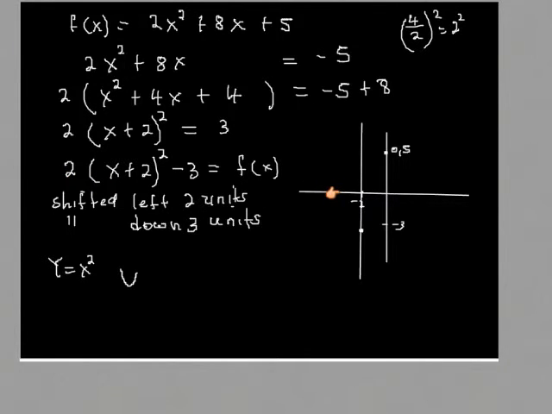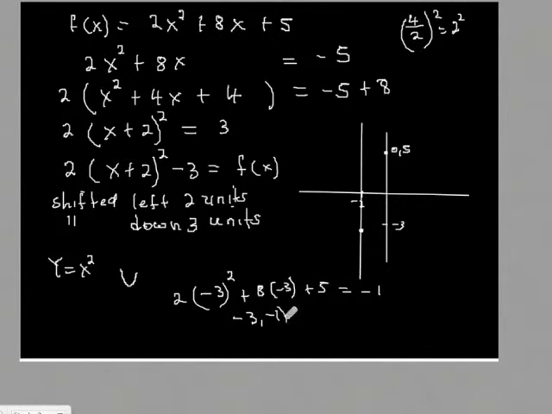To handle the vertical stretch, the best thing to do is to pick a number on either side of your axis of symmetry. Either side. So I want to pick -3. So when I plug -3 into the original equation, 2 times (-3) squared plus 8 times -3 plus 5, that gives me -1. So I have one point, (-3, -1). Then I want to pick another point on the other side of my axis of symmetry.